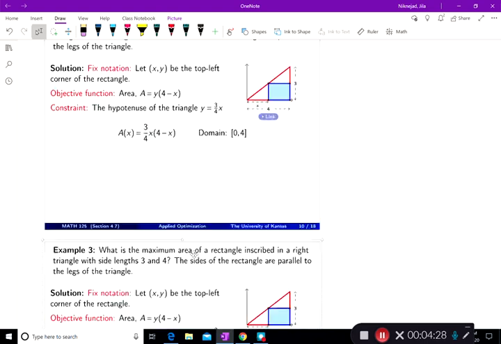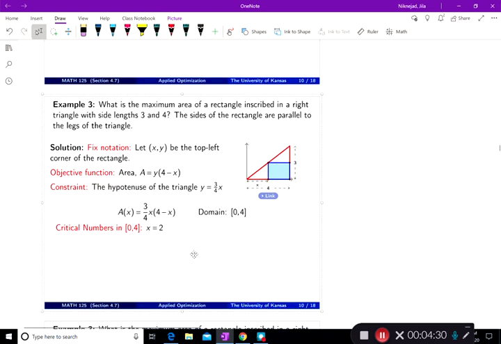The best way is to take the derivative and find the critical numbers, and you find x equal to 2. You evaluate at 0, 2, and 4, and the maximum is 3.